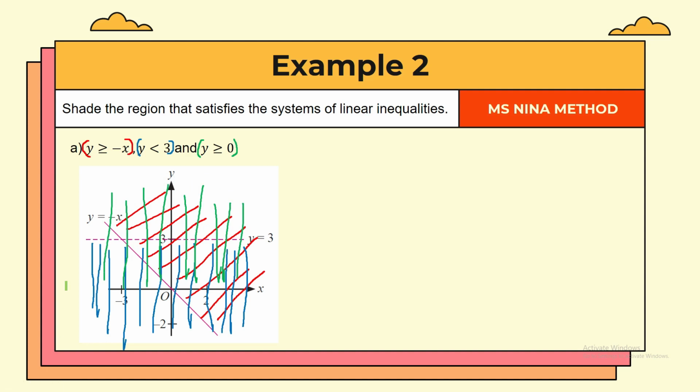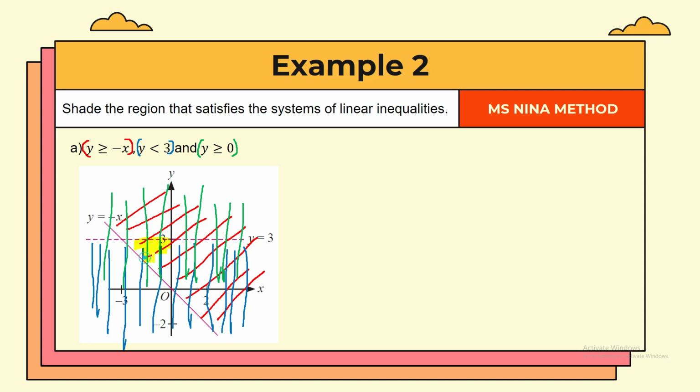After you shade for all of these linear inequalities, now you must find which region has the three colors of shade. I will be using yellow color to shade. From here I can determine that this region has three colors: red, blue, and green. This part.